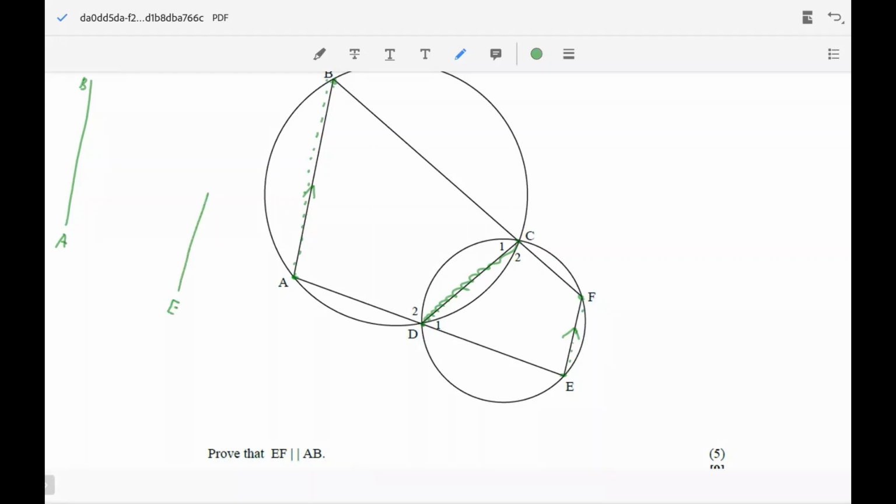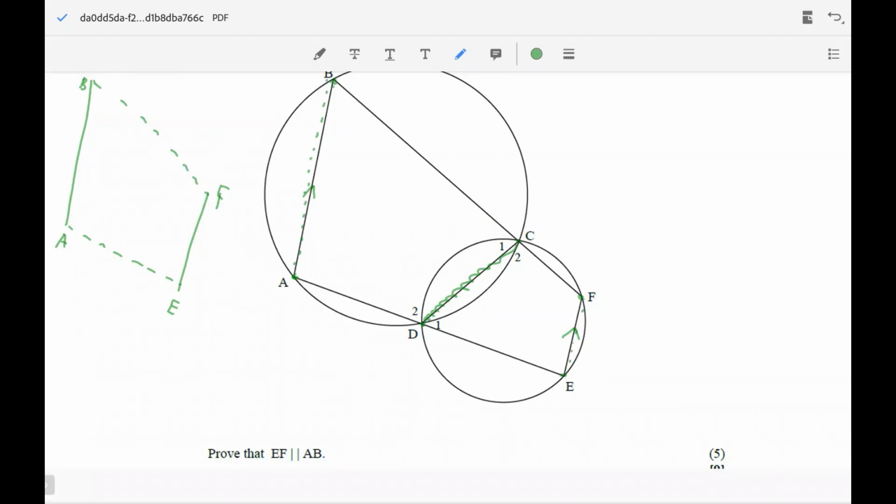So this is EF. So what we have are AE and BF.